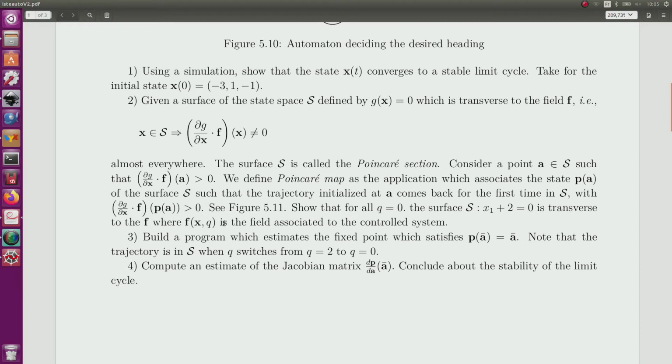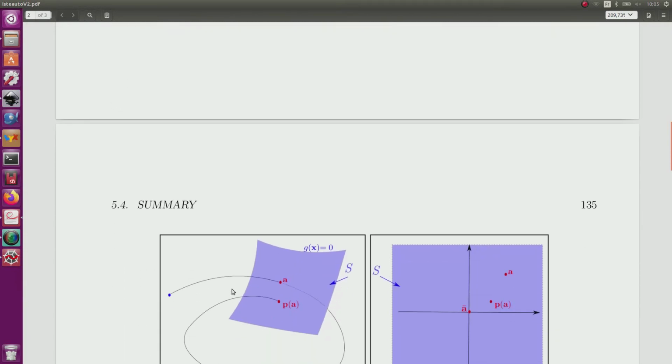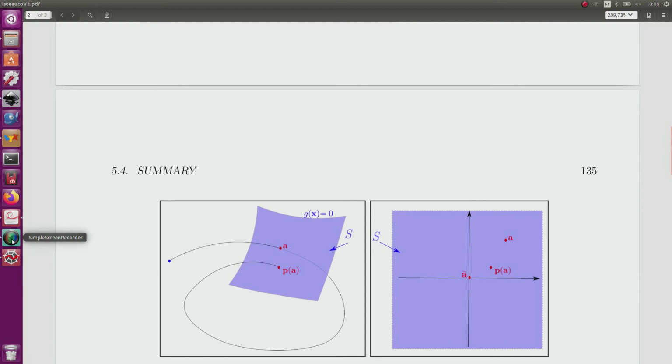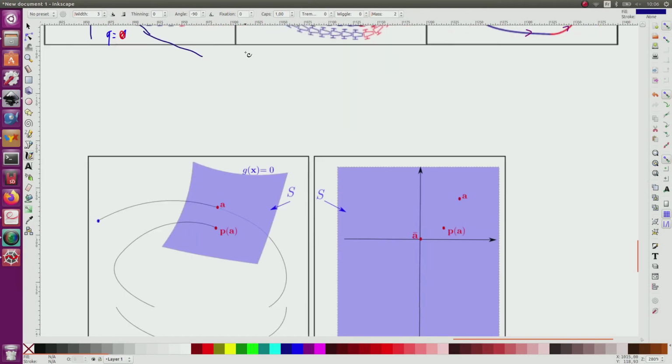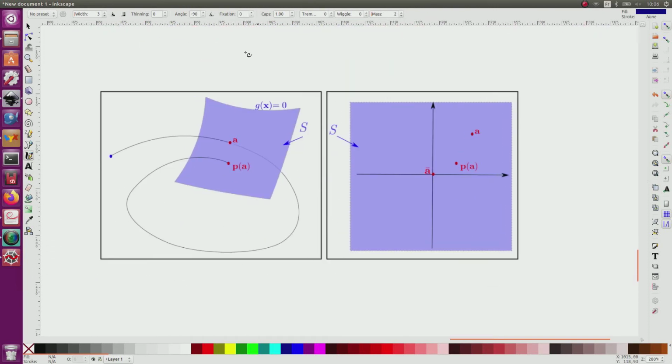I will explain because there is a picture associated to this in the exercise, and I will show it now. So I will come back and the picture is given here. This is a Poincaré surface in blue, and if I take a given initial condition, let's say for instance this point, then I will get a trajectory.